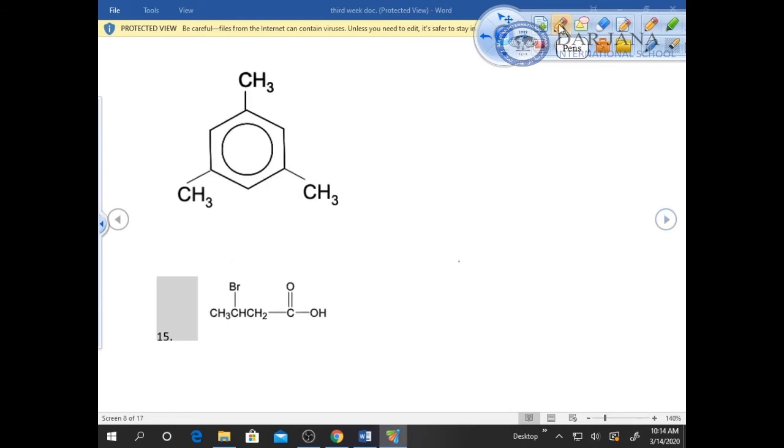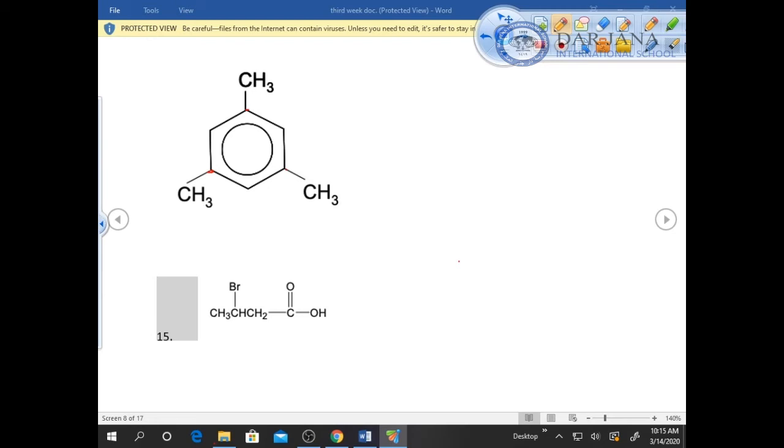In molecule number 14, we have an aromatic compound. It contains 3 branches or 3 substituents. All these substituents are the same methyl group. Start numbering from any branch you want because all possibilities give the same value.